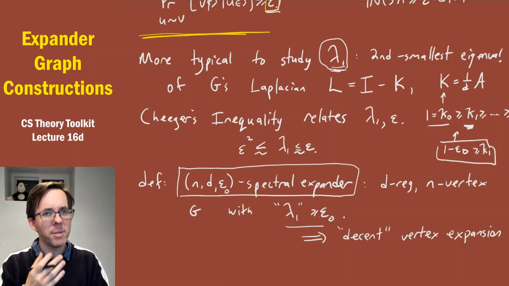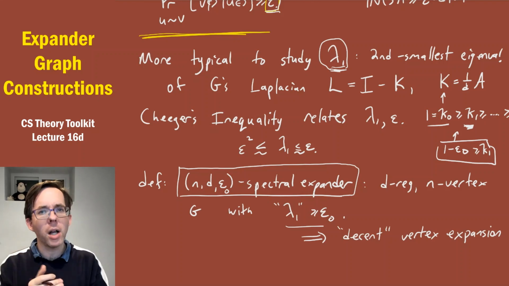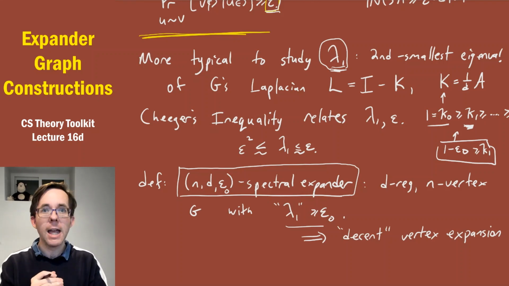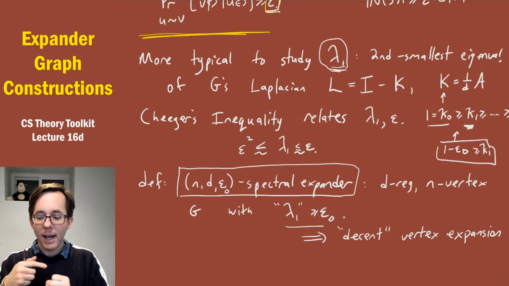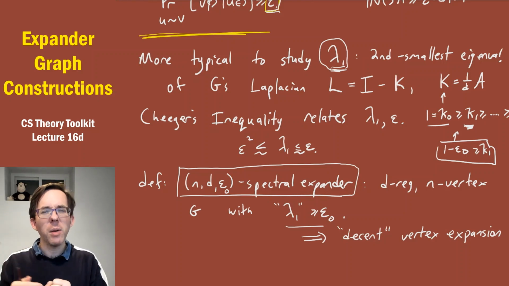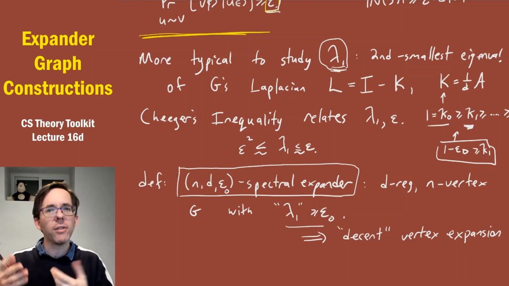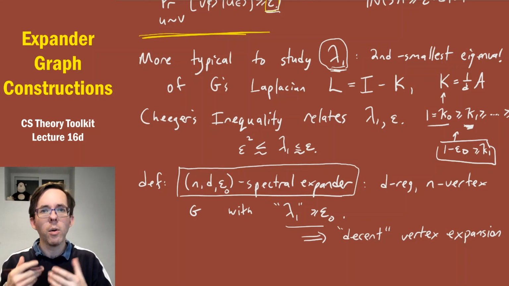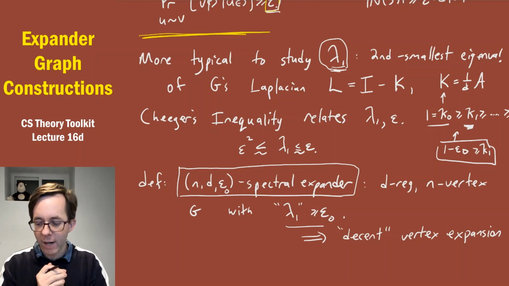And then get some epsilon 0, which is a strictly positive constant, 0.001 is okay for us. Then what we want is (n, d, epsilon) spectral expanding graphs for arbitrarily large n. We don't have to get them for every n, but maybe every n that's a power of 2 or every n that's a square would be fine. But we want a large infinite family of these graphs.